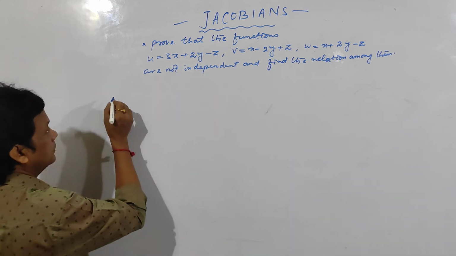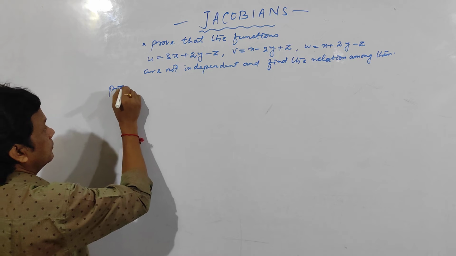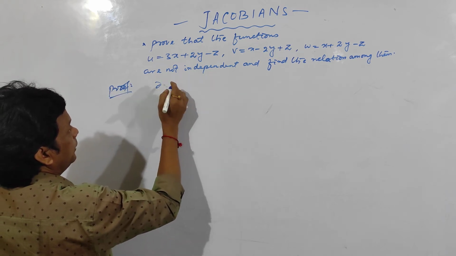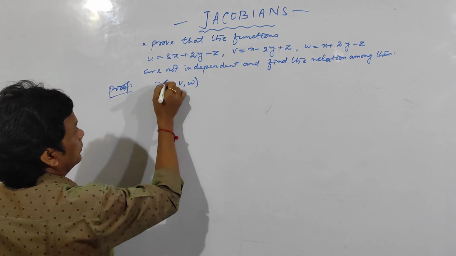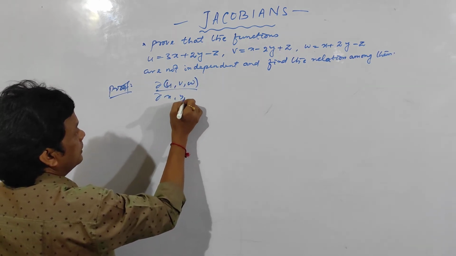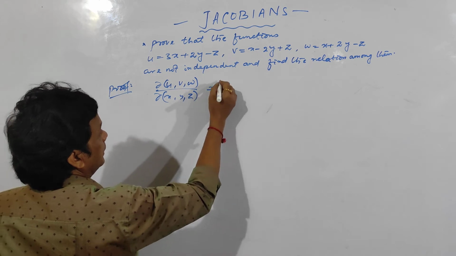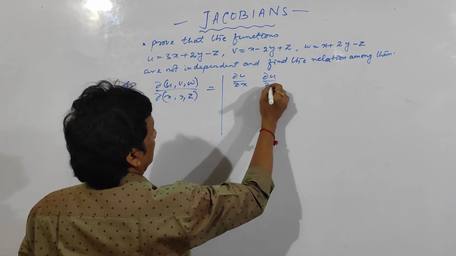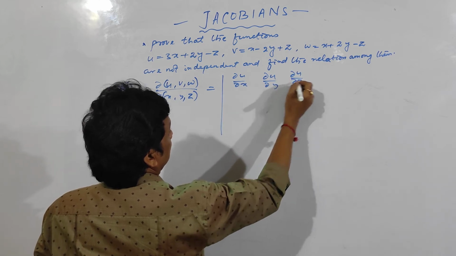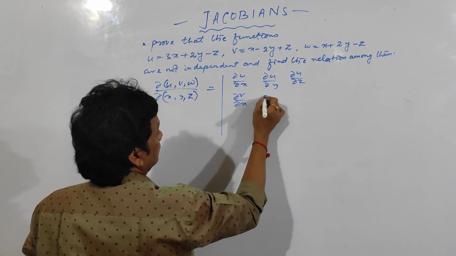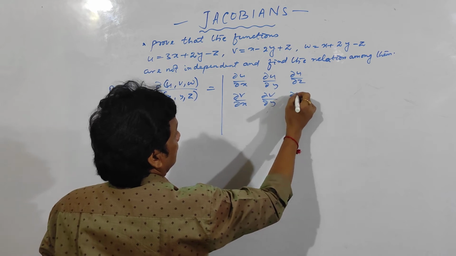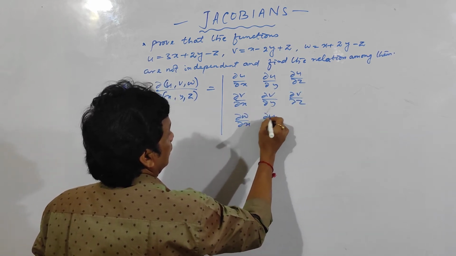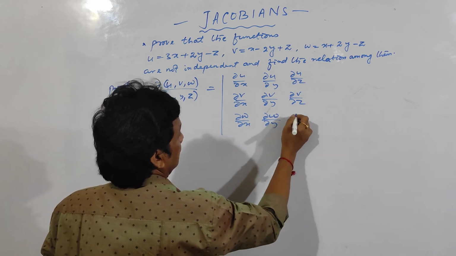So let us see. Del of u, v, w divided by del of x, y, z is equal to del u by del x, del u by del y, del u by del z, del v by del x, del v by del y, del v by del z, and del w by del x, del w by del y, del w by del z.